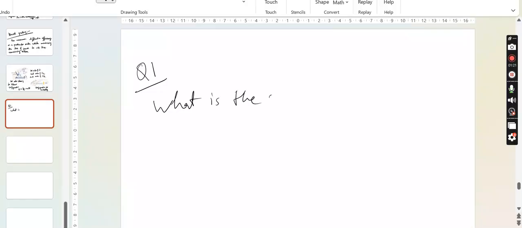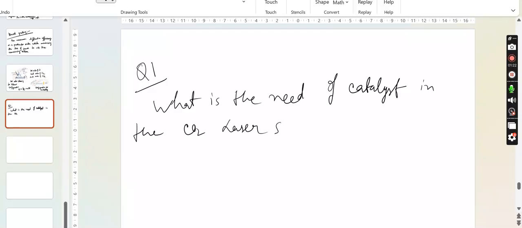What is the need of catalyst in the carbon dioxide laser system?